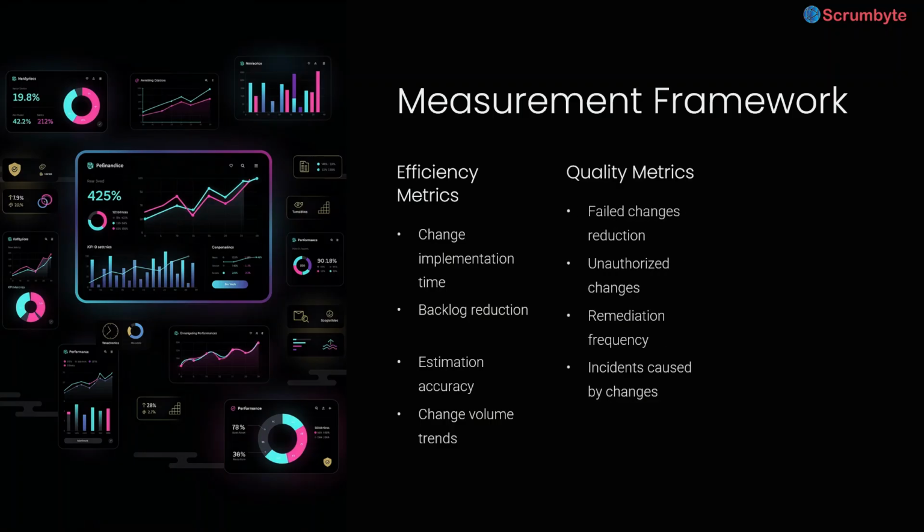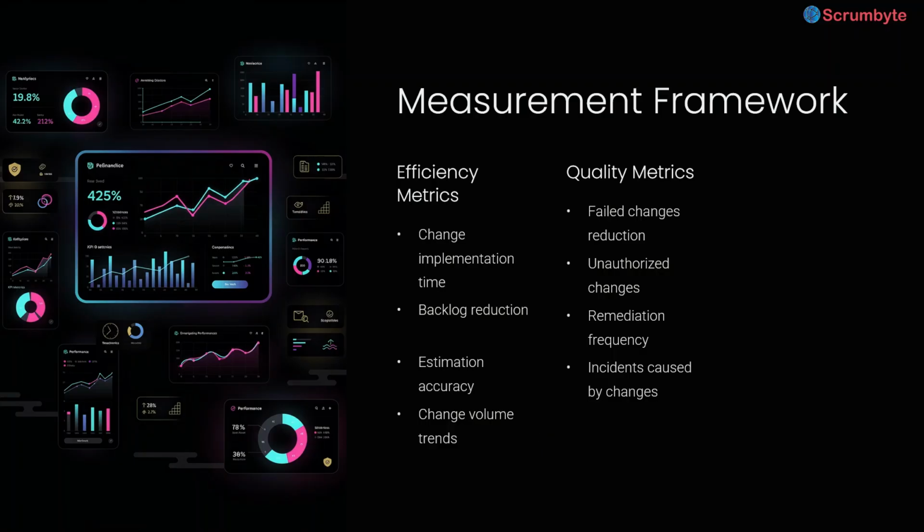And these are the quality metrics. Quality metrics are like, you made changes, but has there been any kind of failures in those changes? How many unauthorized changes are there?